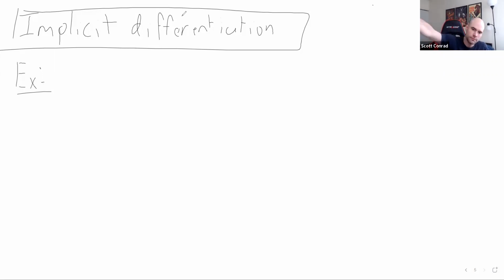So if you change x, y also changes because it has to satisfy the equation x squared plus y squared equals 1. So you can think of y as being implicitly a function of x, right? You can't get y by itself and say y is equal to this one function of x, but y is thought of implicitly as a function of x. So we can do the same for z being a function, say, of x and y, or more variables.